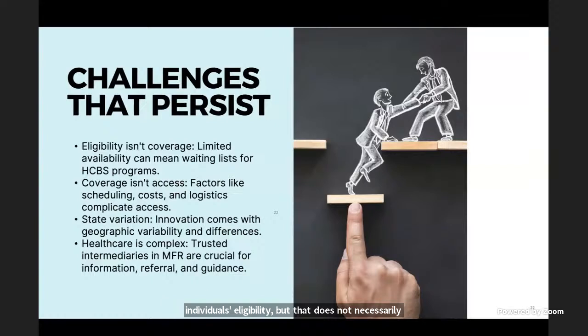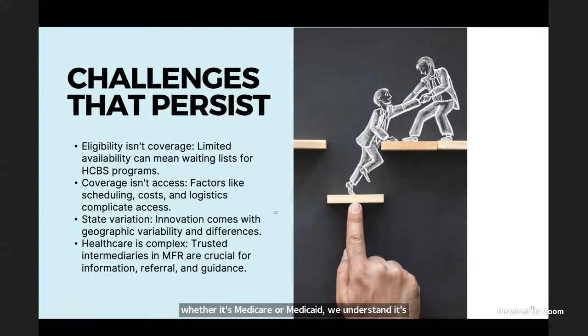We need to find more robust ways to help families who have members with specific or special health care needs. Coverage is not access. There are many factors that complicate accessing services. And so those of you who are familiar with healthcare systems, whether it's TRICARE, whether it's your own healthcare system, whether it's Medicare or Medicaid, we oftentimes understand that it's difficult to coordinate scheduling and the logistics to make appointments.